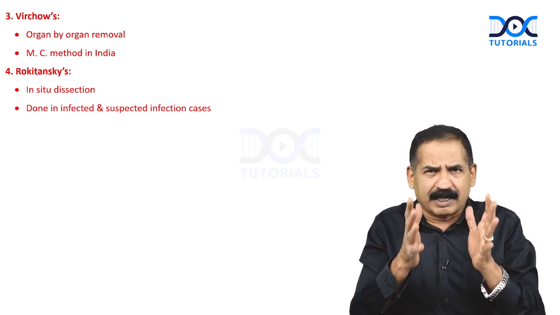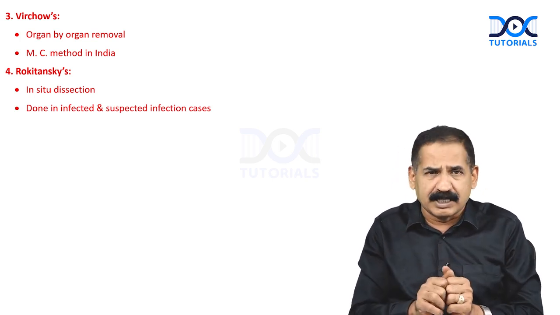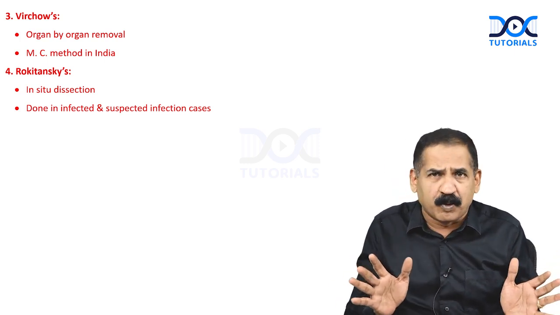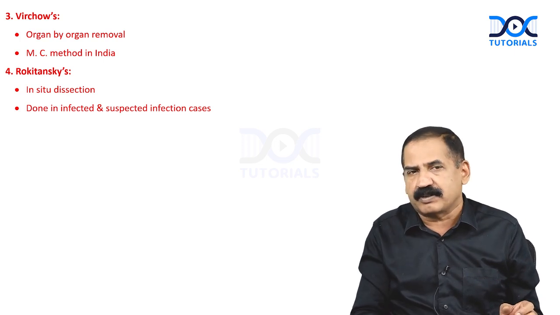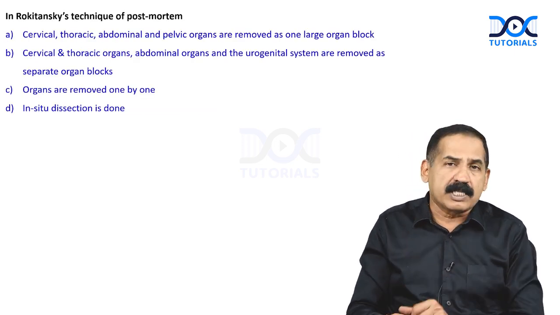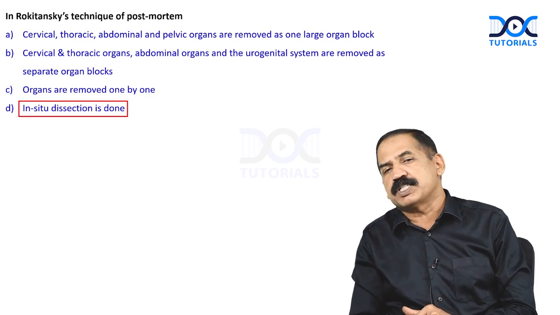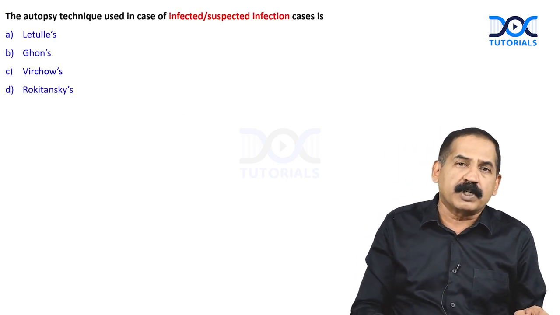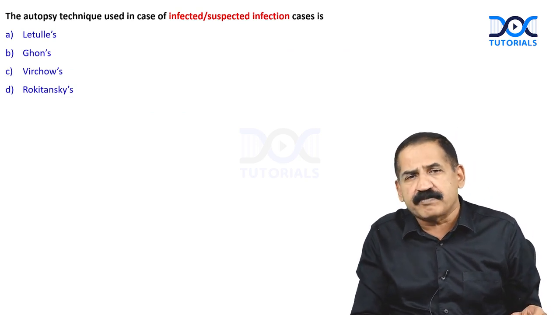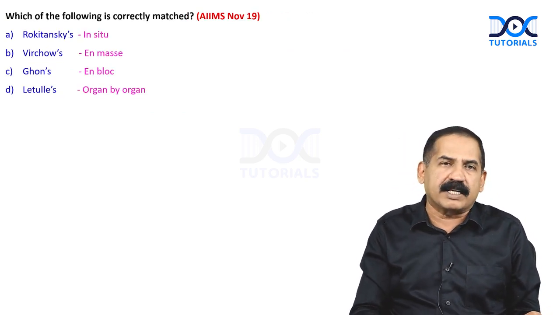We just open the major body cavities, then we just observe from outside. If at all you require a tissue, then only we remove that. That's all. In Rokitansky technique of postmortem, in situ dissection is done. The autopsy technique used in case of infected or suspected infection cases is Rokitansky.